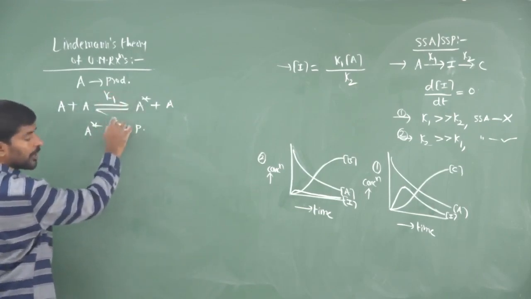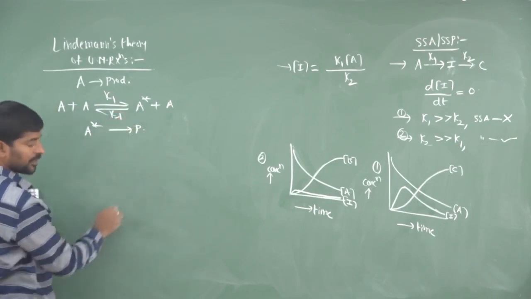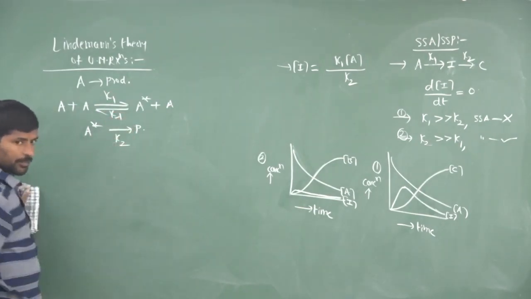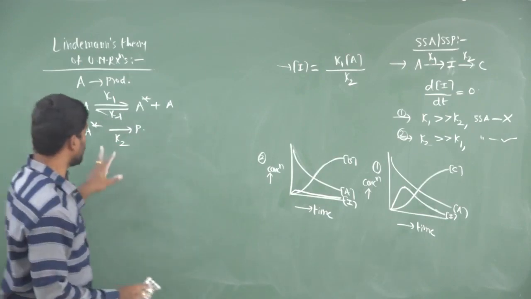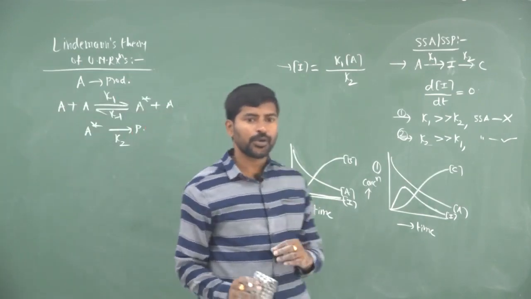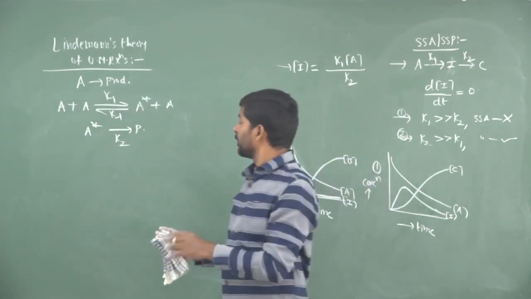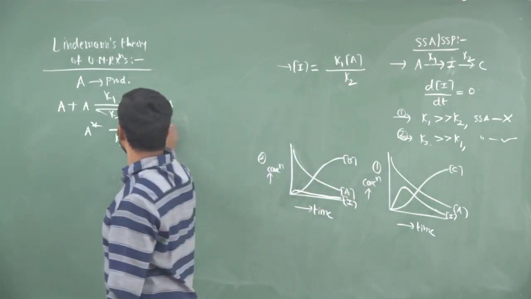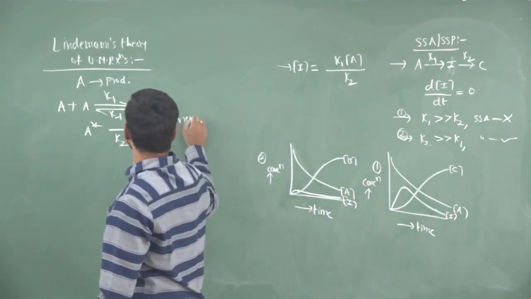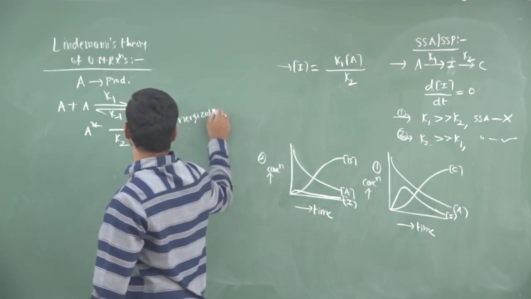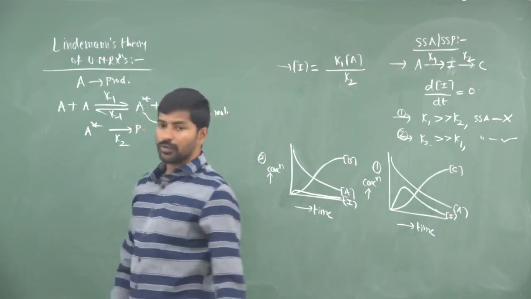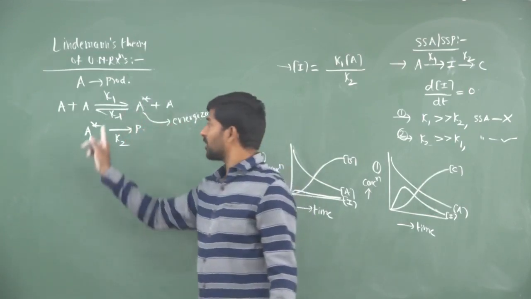Rate constant for the forward reaction K1, backward reaction K-1, and K2. We generally proceed with respect to which step? The product formation step. This A star is called the energized molecule. Whether collisions are elastic or inelastic? Inelastic collisions.